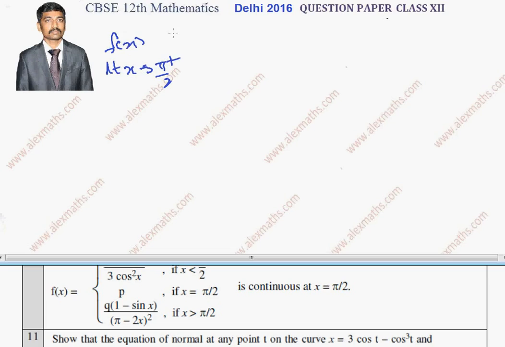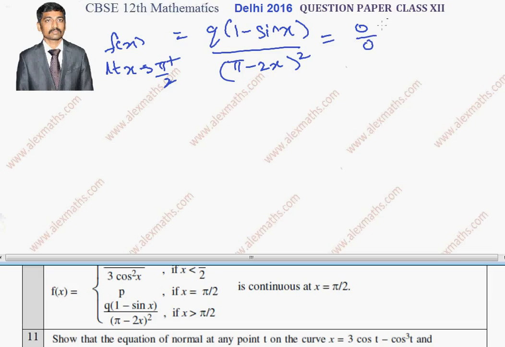For this I have to choose the last one, which is q into 1 minus sine x whole divided by pi minus 2x whole square. If I substitute pi by 2, again I will be getting 0 by 0, which is indeterminate form. So I have to give some substitution or some simplification.